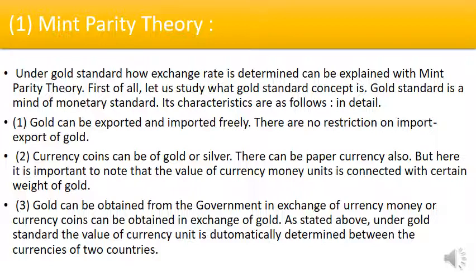The International Monetary Fund provides funding to the Indian government, and if the Indian government does not pay the proper interest, then its gold storage will be used, and the gold will be given as funding to the IMF. Then, as stated above, under the gold standard, the value of a currency unit is automatically determined between the currencies of the two countries.